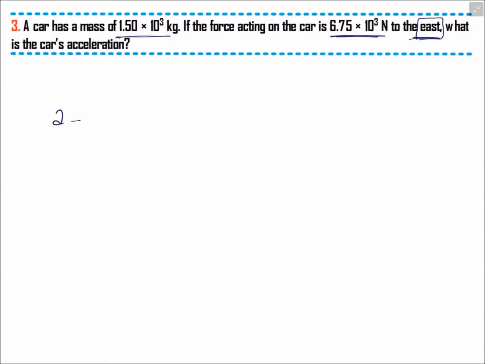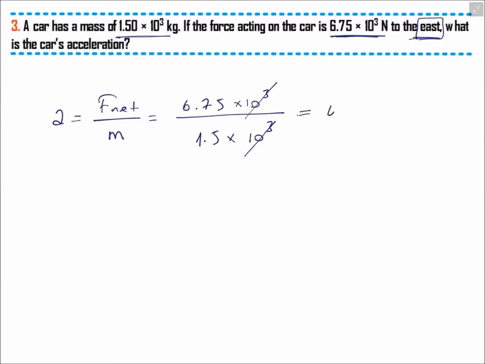So acceleration equals F net over mass, and F net here is 6.75 times 10 to the 3 Newton, and the mass is 1.5 times 10 to the 3. So these cancel each other, and the result is going to be 4.5 meter per second squared, and the direction will be east.